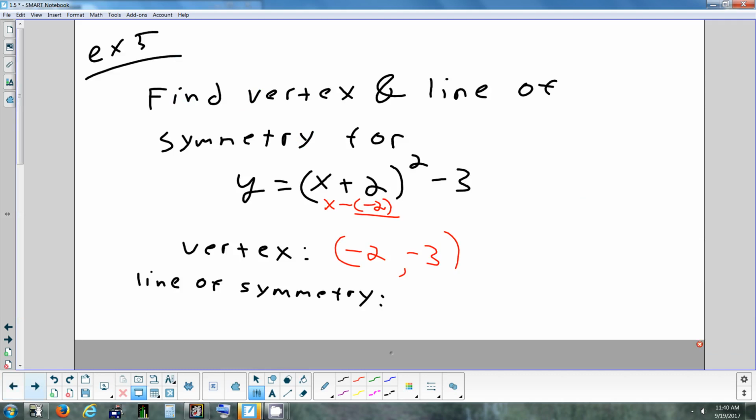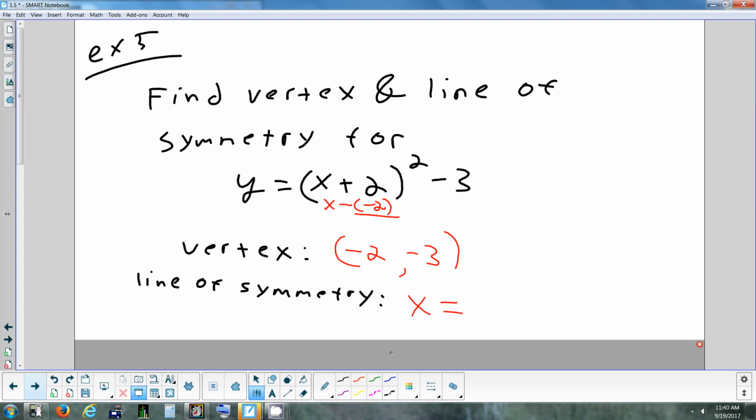Line of symmetry starts out with what letter? Starts out with not h. Nope. X. X equals. And now we fill in the number. So Braden, what value here are we going to fill in?